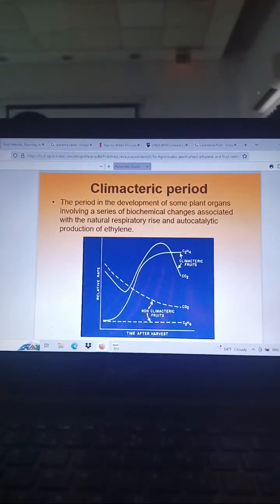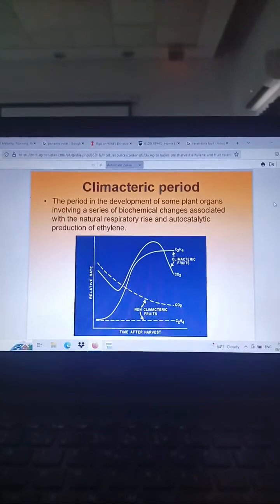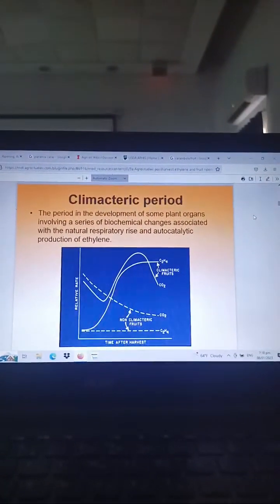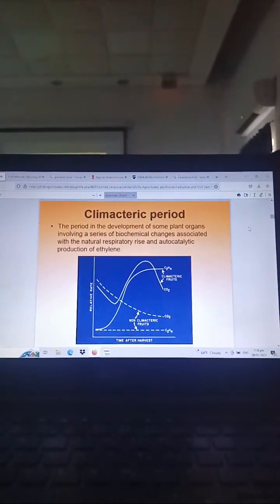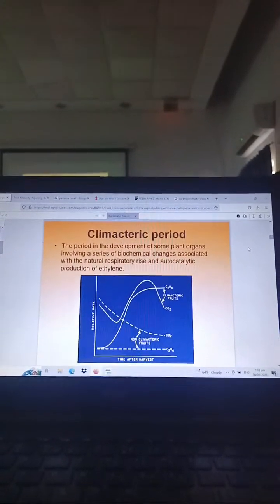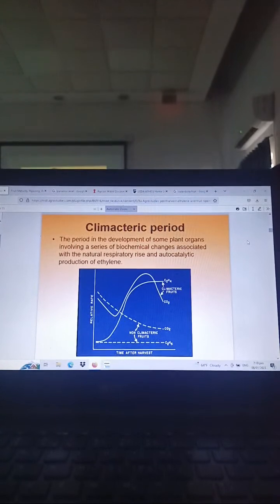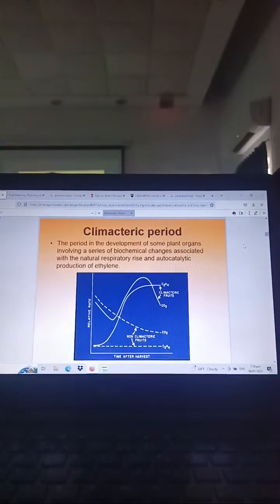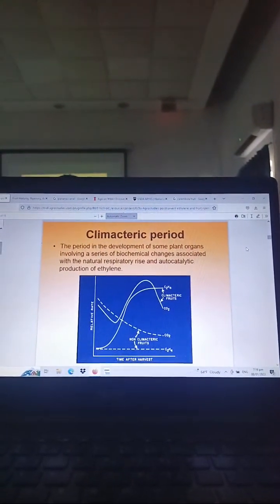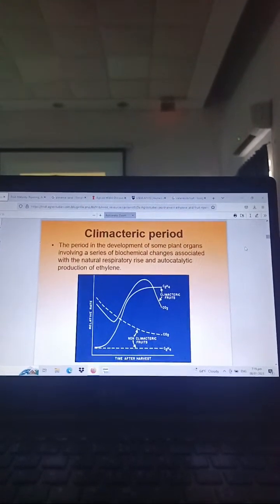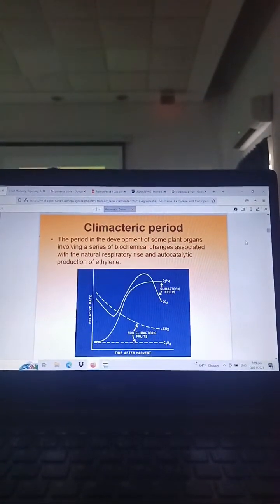To make ethylene, you need energy, okay? And the energy comes from respiration. To make respiration, you need sugar. And the sugar comes from starch, reserve starch. Fruit like banana have a lot of starch when it's green. The starch is broken down to sugar.